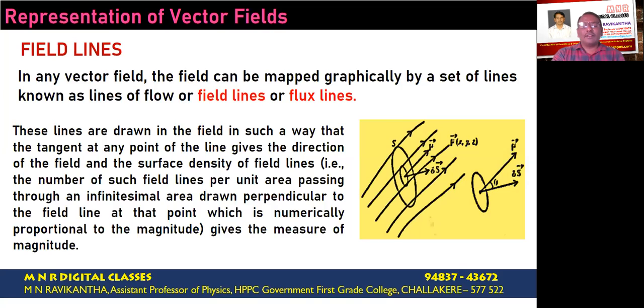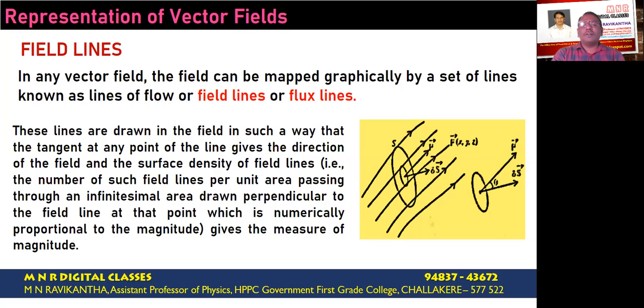The number of field lines per unit area passing through an infinitesimal area drawn perpendicular to the field line at that point is numerically proportional to the magnitude. This is a lengthy statement which leads to confusion.